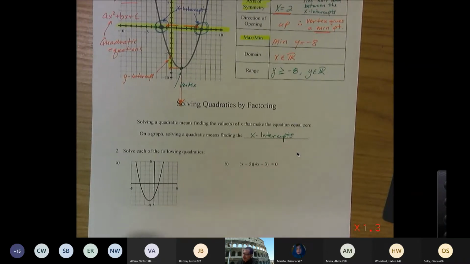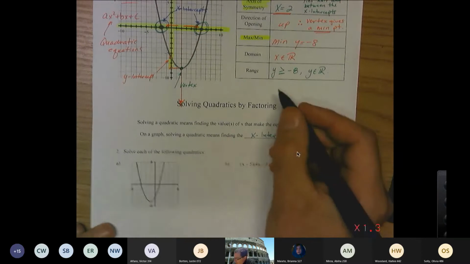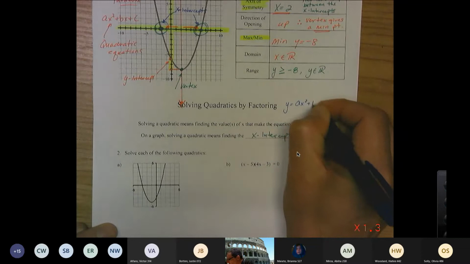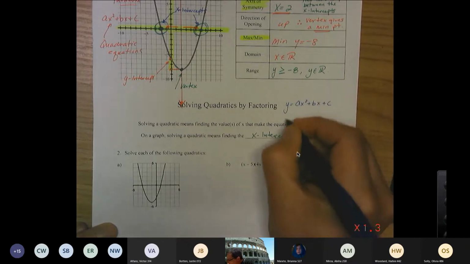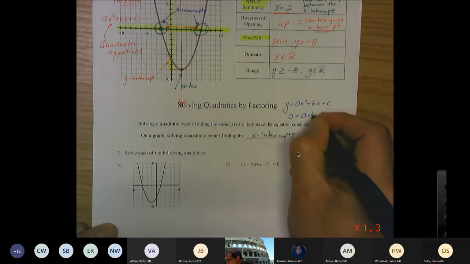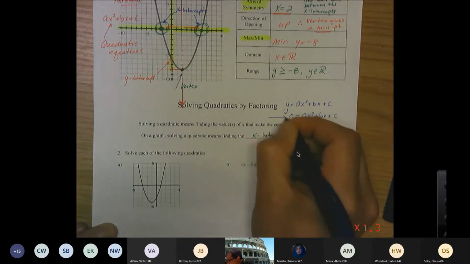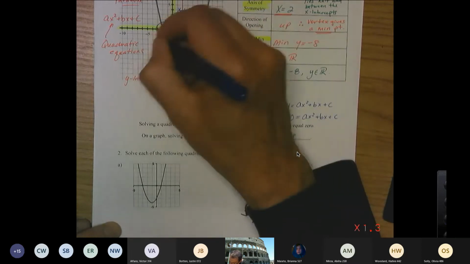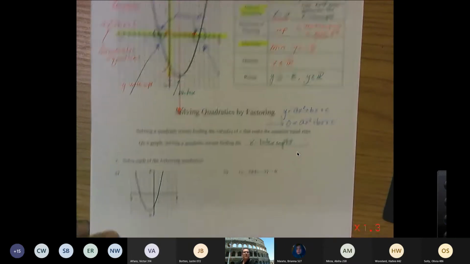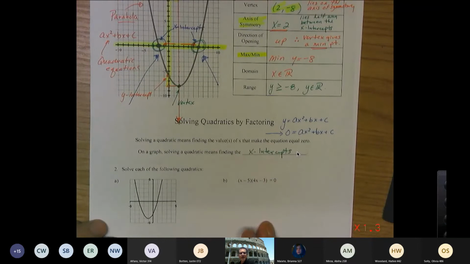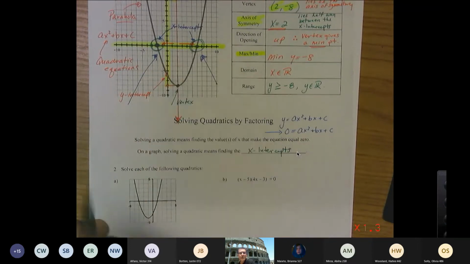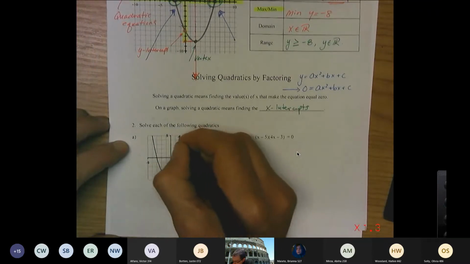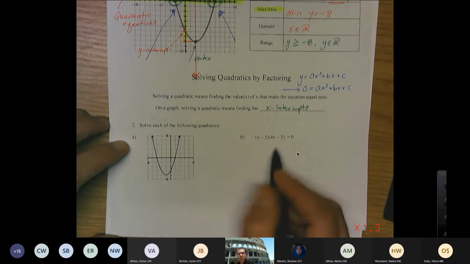So let's think about this for a minute. If I have a quadratic equation that looks like this, y equals ax squared plus bx plus c, and I set y equal to 0, what I'm finding is the places where the parabola crosses the x-axis, because these are the places where y equals 0. If I have an equation, then I'm going to have to use algebra.